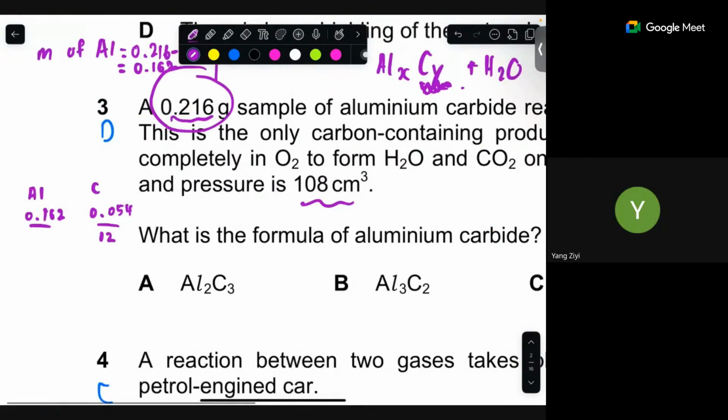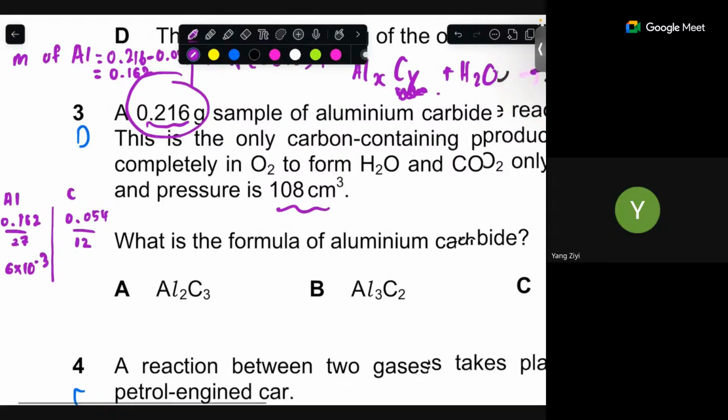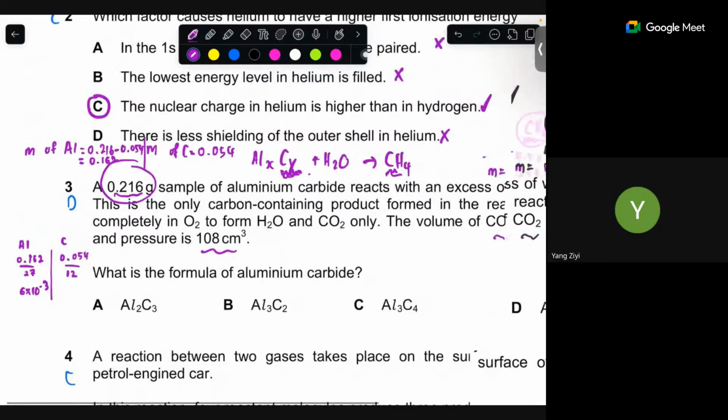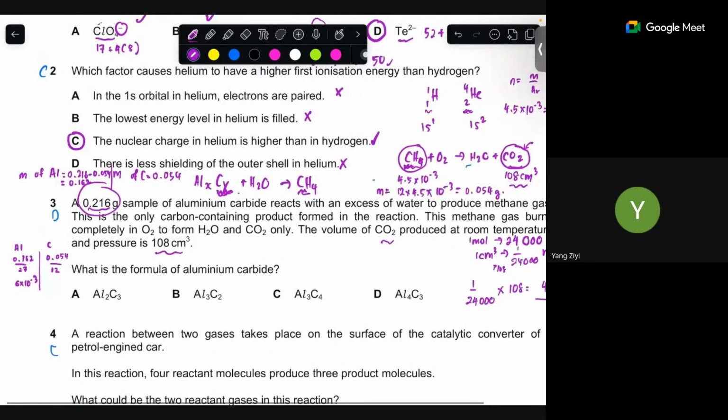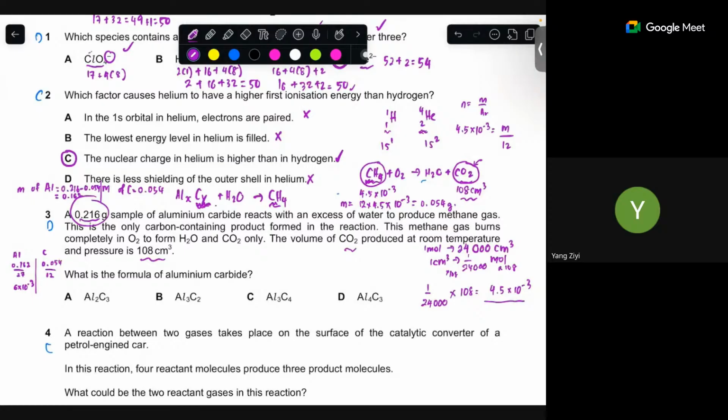So divide by 27. What is the value for aluminium if you divide by 27? 6 times 10 to the power of negative 3. This one just now also we have the answer 0.054 divided by 12. What is that? 4.5 times 10 to the power of negative 3.